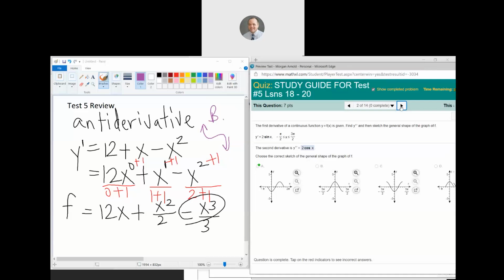All right, next question. Pretty much we're doing the same thing, except this one involves a trig function. So let's find the second derivative.